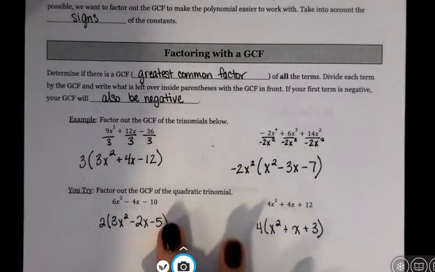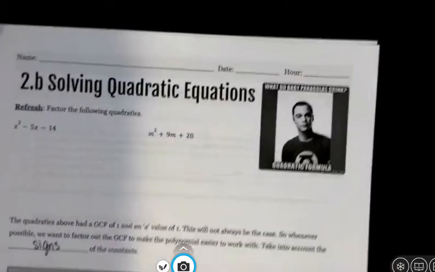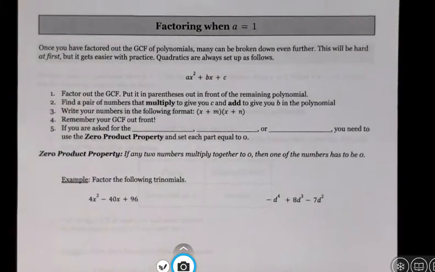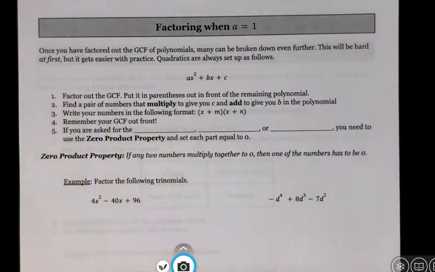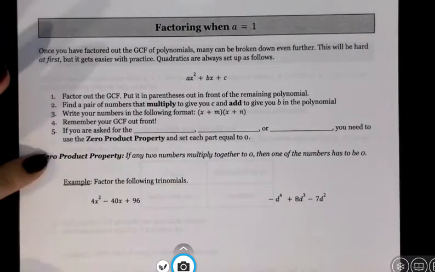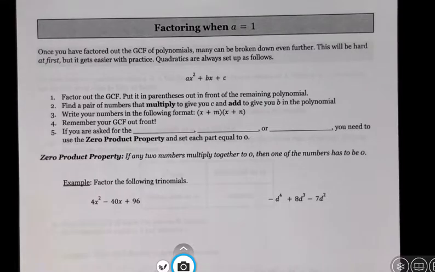All right, we're going to flip our page. So now we're going to fully factor something. If you need the steps, they're up there, but we have been factoring for years now, so we might not need them, but it's always a good reminder.